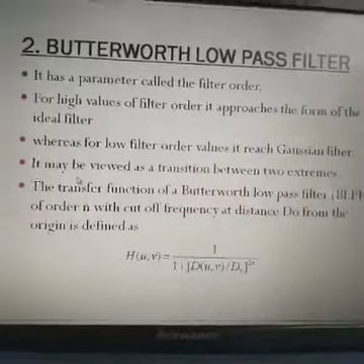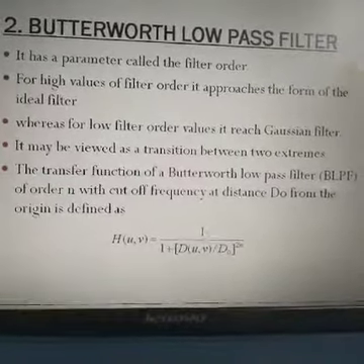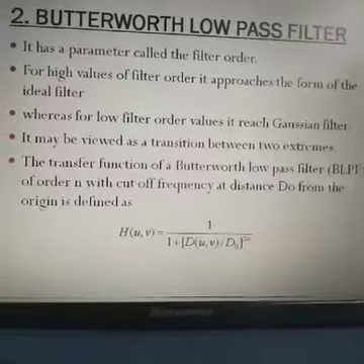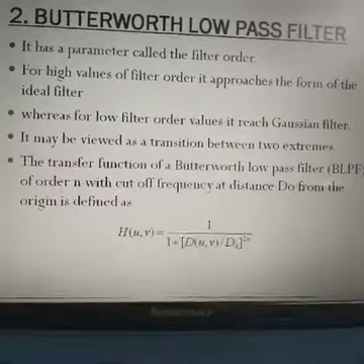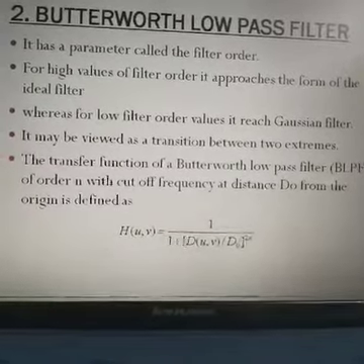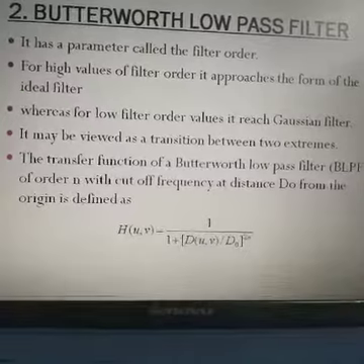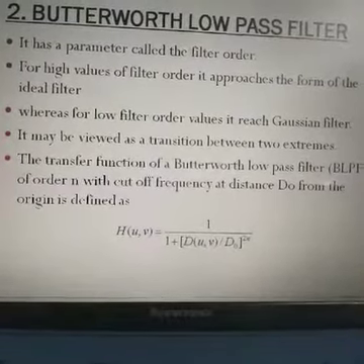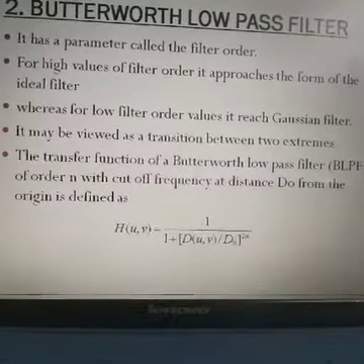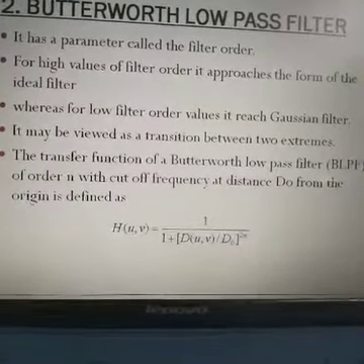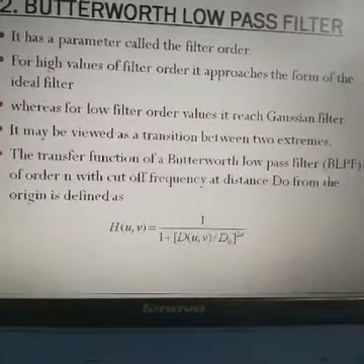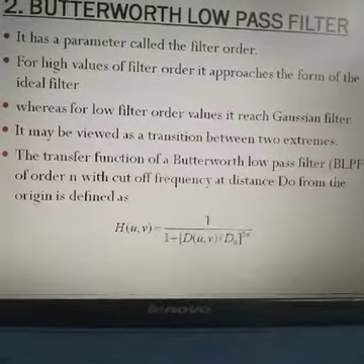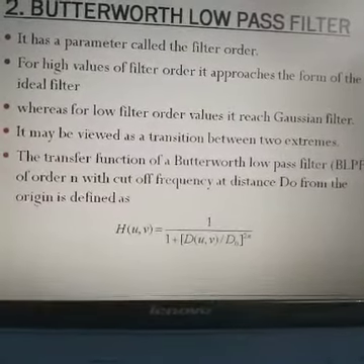So the next type is the Butterworth low pass filter. It has a parameter called the filter order. For a high filter order, it approaches the form of the ideal filter, whereas for low filter order values, it approaches the Gaussian filter. So it may be viewed as a transition between the two extremes.